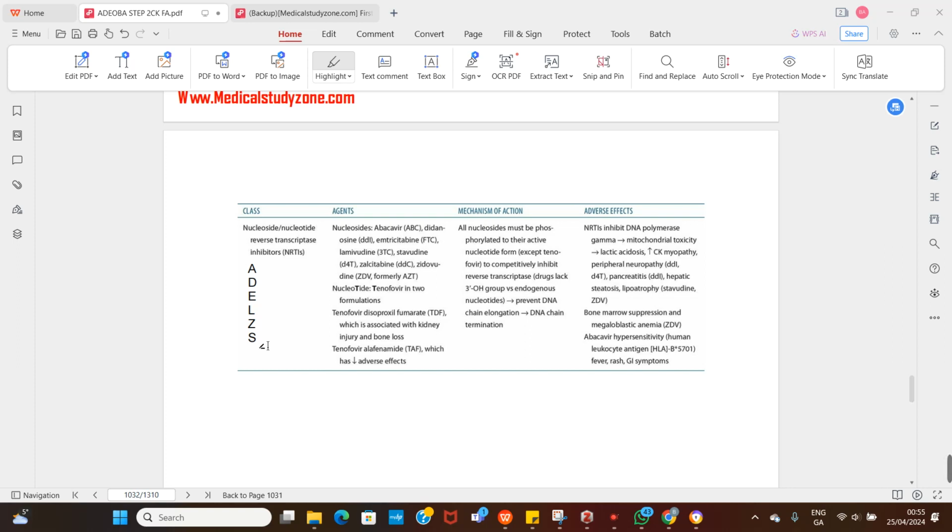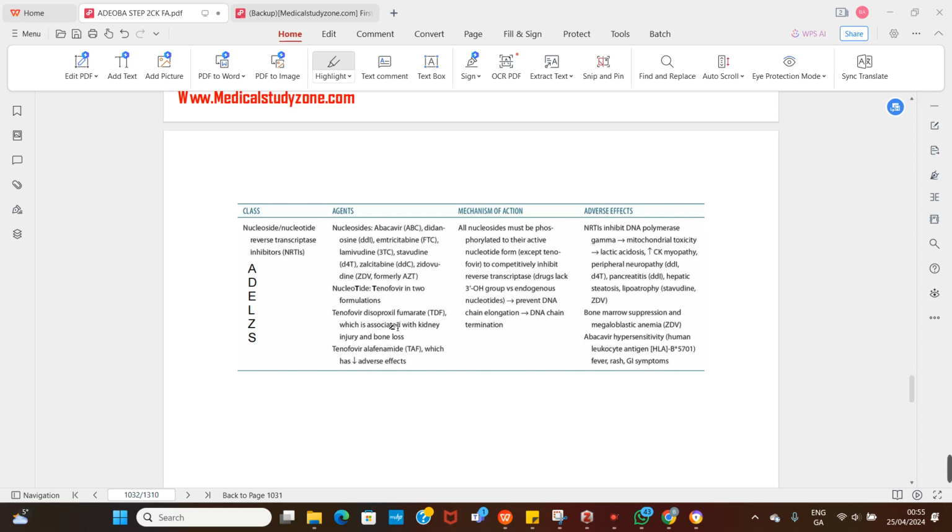So what's the mechanism of action of this medication? Almost all of them, except one, are nucleoside inhibitors. All of them are nucleosides except one. One is a nucleotide, and what is that one? That is tenofovir. We are already familiar with this medication. It's a very common drug.